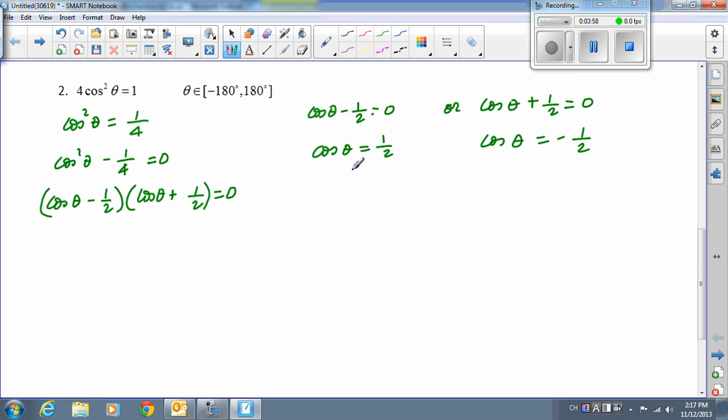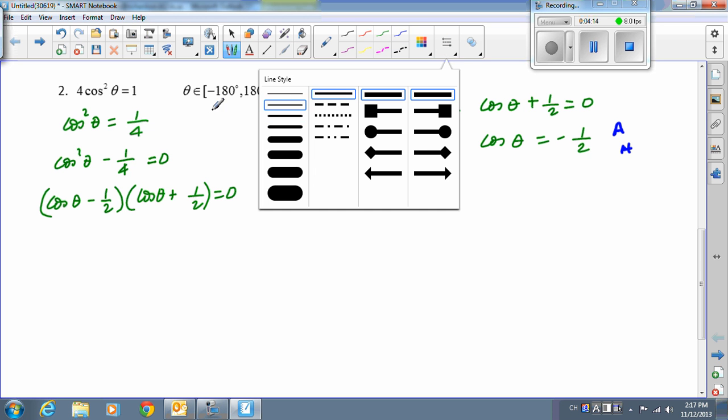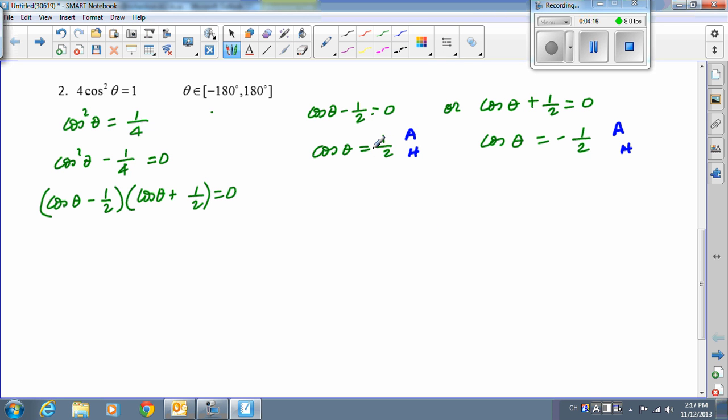If you solve this portion, you will know that, by the way, this is your adjacent over hypotenuse, and it's in the first quadrant. Same thing here, adjacent over hypotenuse in the first quadrant. So for the first one, I know since it's in the first quadrant, I'll put quadrant 1. This one being cosine, I would say is in quadrant 2.